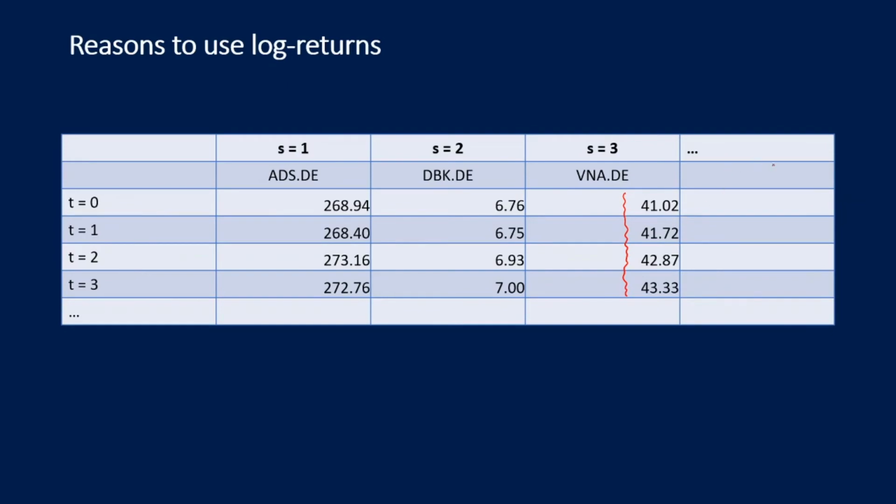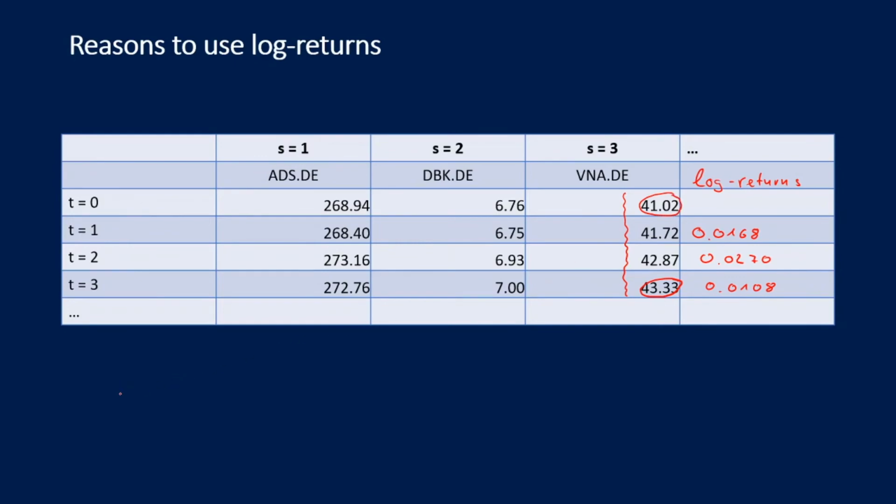So the log returns were already given by 0.0168, 0.0270, and 0.0108. And now we take a look at this price and this price.